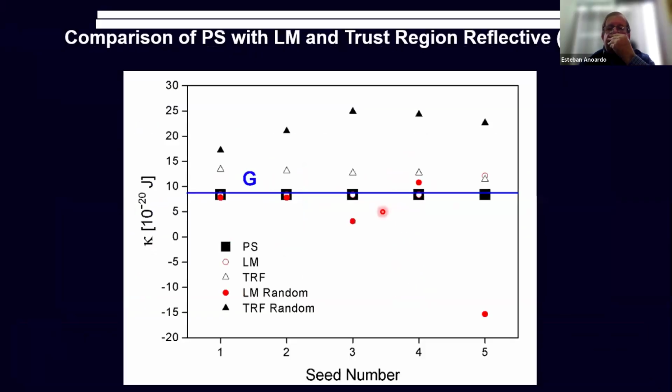Here, look, I am comparing different fitting engines, and I want to show you the detail. This is for kappa, how we structure kappa in different fittings using different fitting engines. We use pattern search, Levenberg-Marquardt, and TRF, trust region reflective.